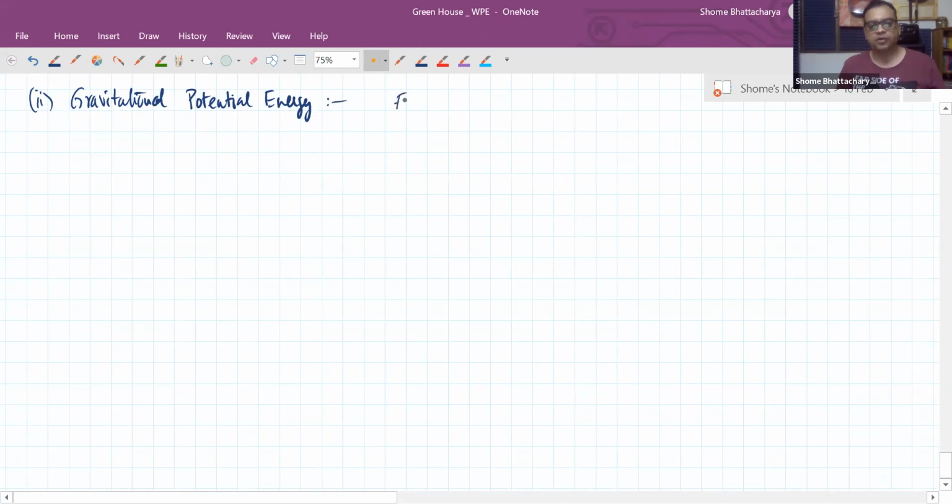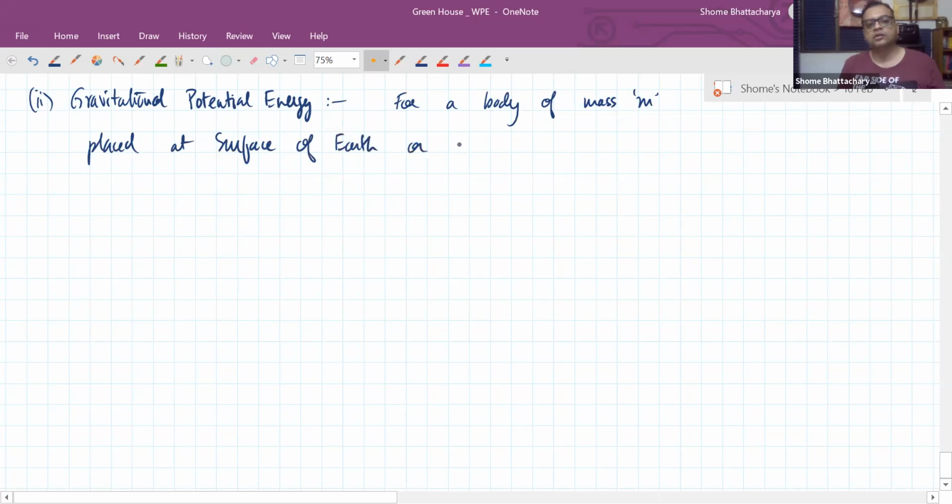We'll define it for a body of mass m, placed at the surface of the earth, or at a height h such that h is very small compared to the radius of the earth.